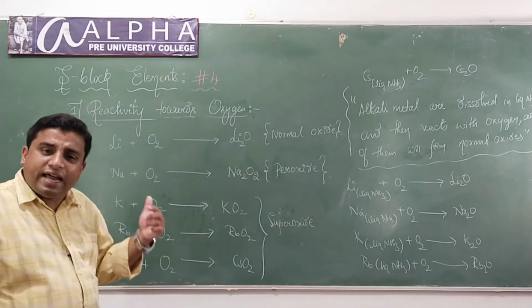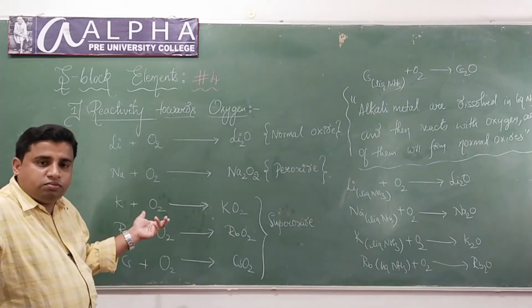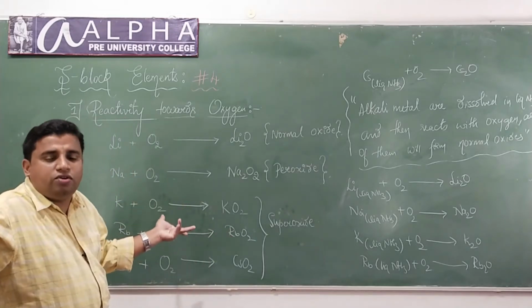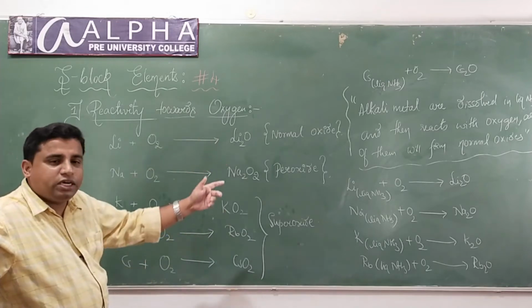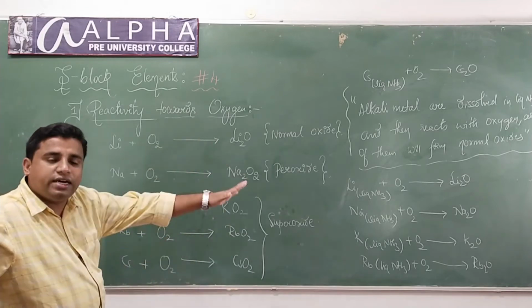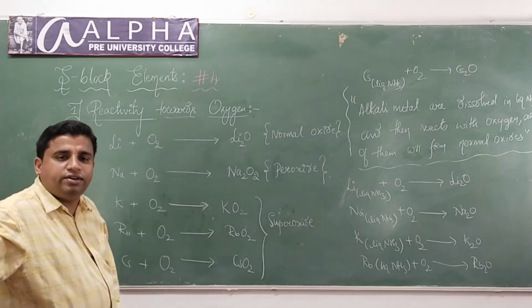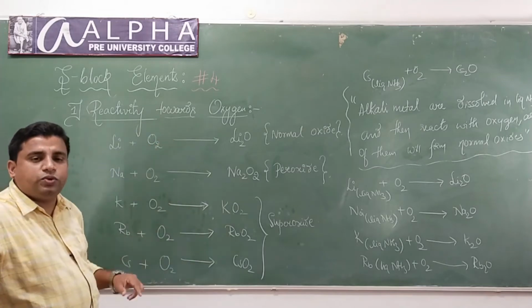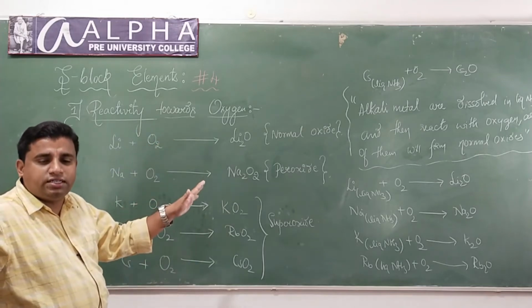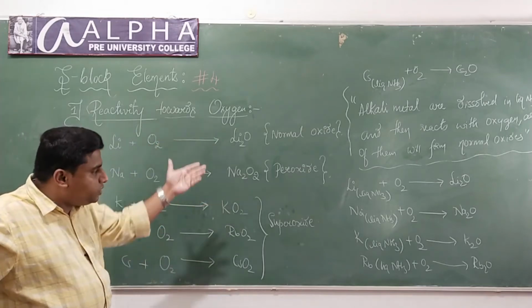But if they react directly without dissolving in liquid ammonia, they'll form different types of oxides. We have normal oxide, peroxide and superoxide. Did you understand the difference here? Simple. So what happens when alkali metals react with oxygen? They form oxides. When they react directly, they form different types of oxides.